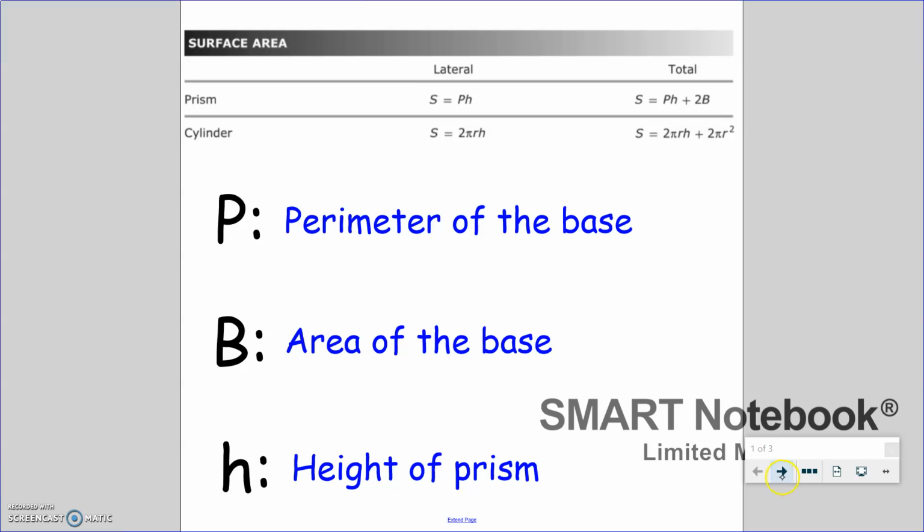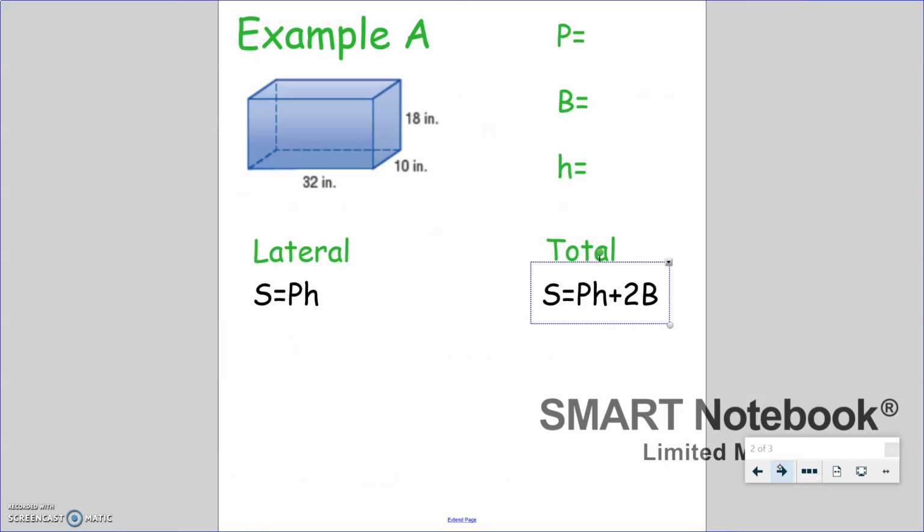So let's go ahead and take a look at our first example. Example A, I have a rectangular prism here, and we are going to find both the lateral and total surface area. The first thing that is going to help me be successful is to shade my base, and then draw it out and label it.